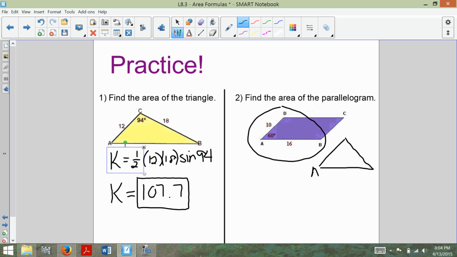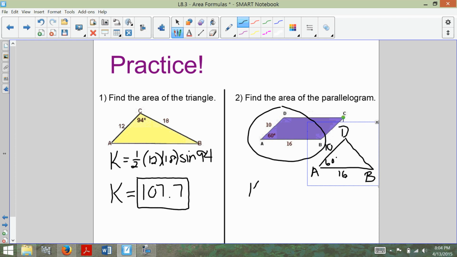So we've got ADB, and side D is 16, side B is 10. And then the measure of angle A is 60 degrees. So I can use the area formula to find the area of that triangle.